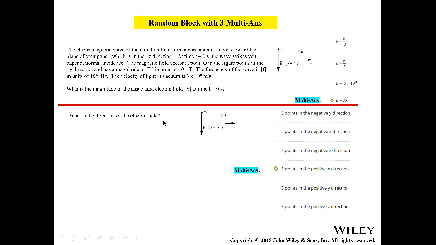And now they ask, which direction is it? Well, you have to remember that when an electromagnetic wave is propagating, the direction of the propagation is E cross B. You always have to remember it's the direction of propagation, right?